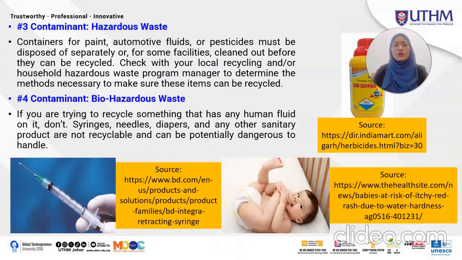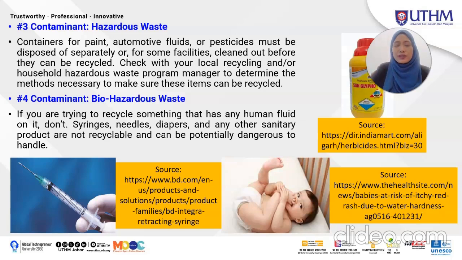So the third one is contamination by hazardous waste. For example, containers for paint, automotive fluid, or pesticide must be disposed of separately. Pesticide normally has a toxic characteristic, where it is quite dangerous to our human health and also the environment. So that's why we need to separate it first.